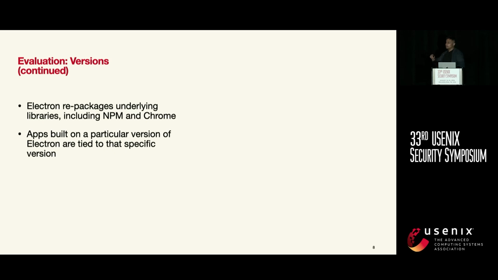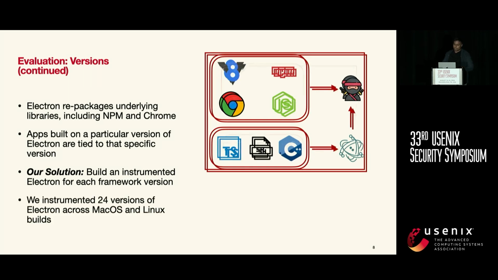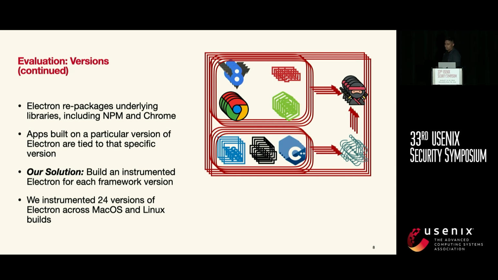So if anything was built on a specific version of Electron, we had to specifically test that app against that particular version of Electron. So we created a new instrumented version of Electron for each major framework release. And we had to do this 24 times to create different versions that worked on both macOS and Linux. I'll give you an idea of the kinds of problems, or just the categories of problems, that we found.